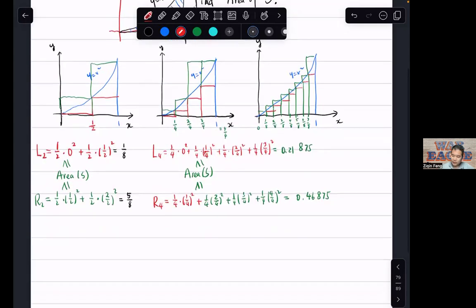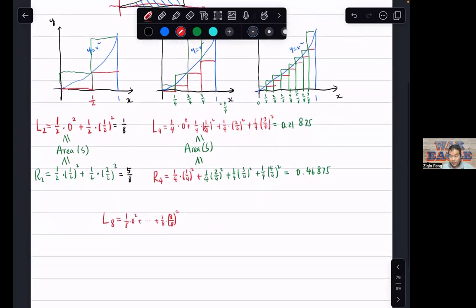Right? You can calculate L8. You can write that down. So this is 1/8 times 0 squared, plus all the way to 1/8 times 7/8 squared, right?